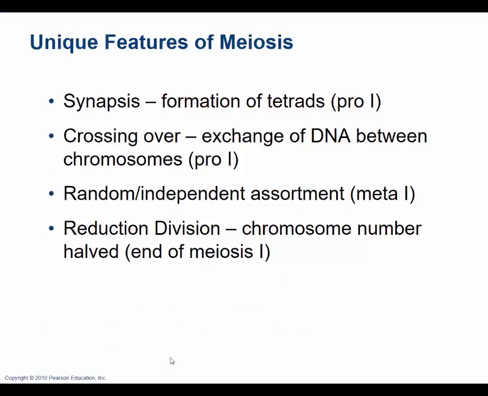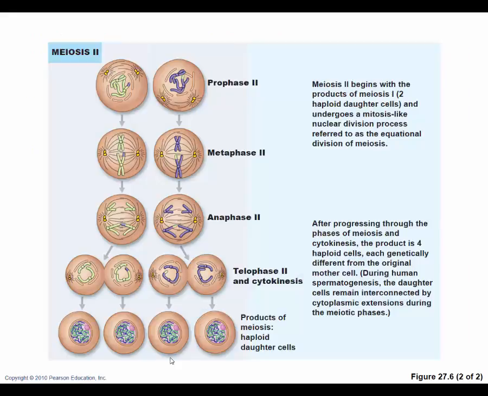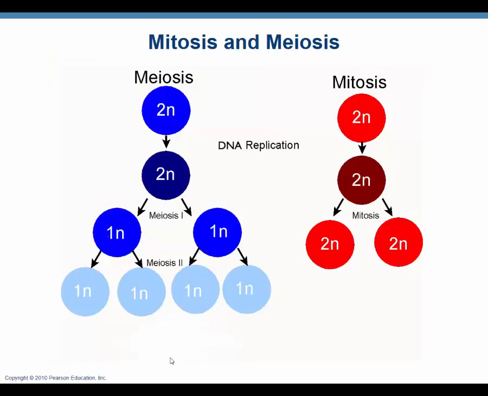So comparing the two, let's go back to the PowerPoint then. If we compare the two processes, and these are just the processes described, so you can watch that again if you want. If I compare mitosis and meiosis, we both start out with diploid cells. We'll talk about this when we get to gametogenesis. It'll make more sense. But let's just start here. This cell is going to divide into two haploid cells.